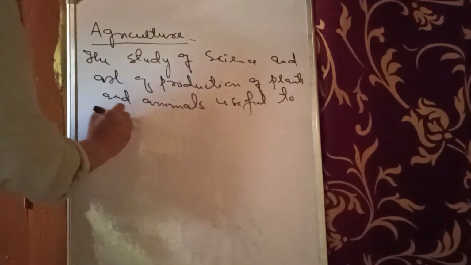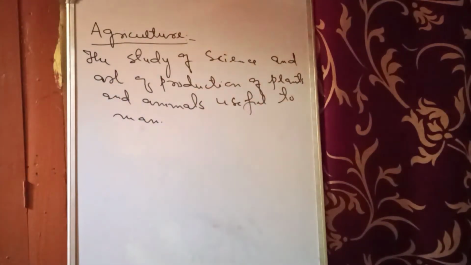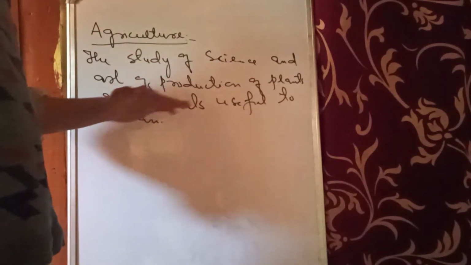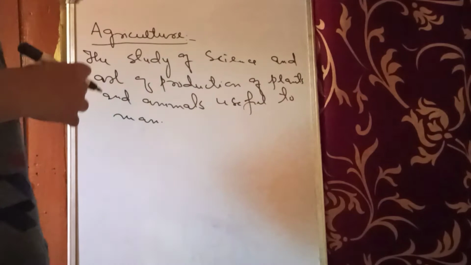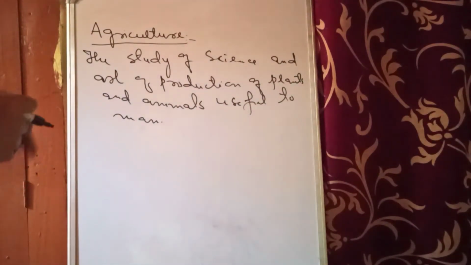That science is called agriculture. The study of science and art of production of plants and animals useful to man is known as agriculture.